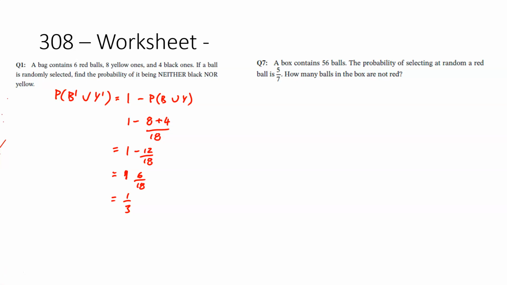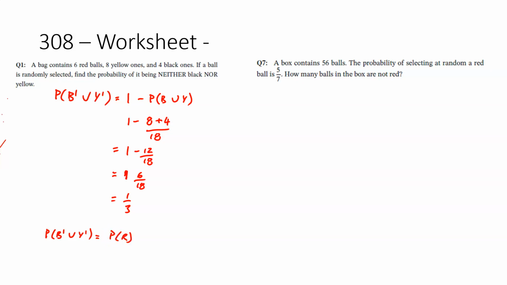Like in most things in probability, that's one way you can do it. There's another way, and actually it's a little bit easier to think about: the probability of not black and not yellow. There are only 3 outcomes, so if it's not black and it's not yellow, then it must be red.